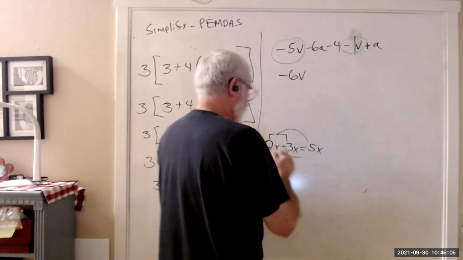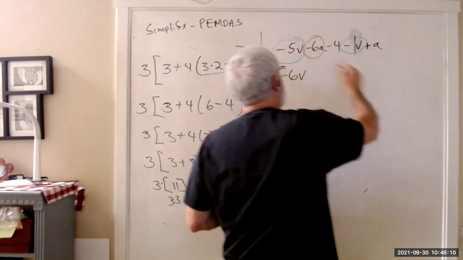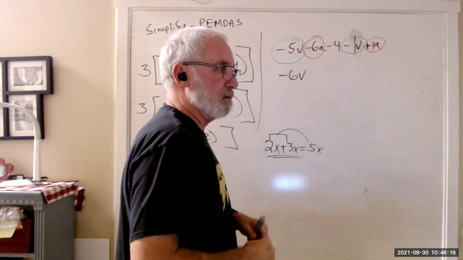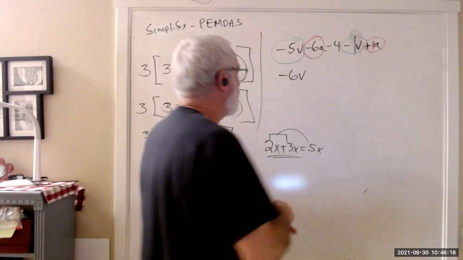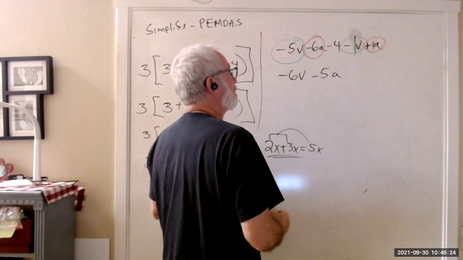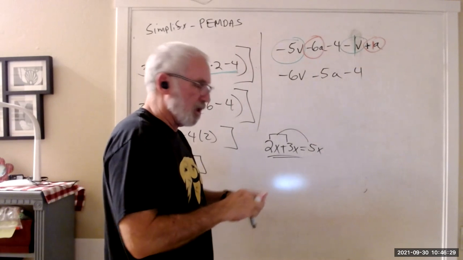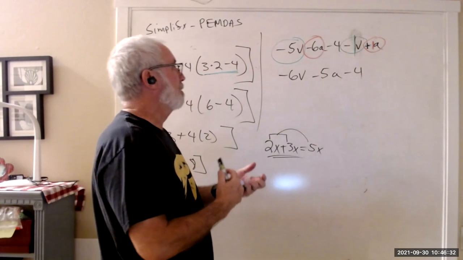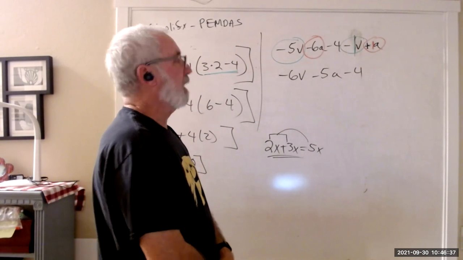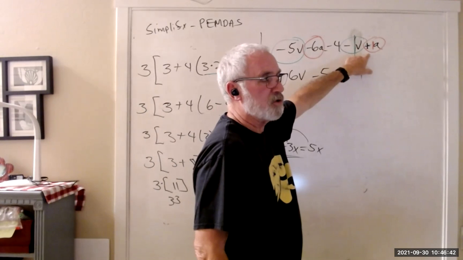Now we look at the other like terms. We have a minus 6a and a plus 1a. So minus 6 plus 1 is minus 5a. And then the minus 4 just didn't combine with anybody, so it just goes along for the ride, and that would be the answer. Okay. Is that okay or not? Yeah, I get it. Okay, it's just adding like terms, and it's got these invisible ones here that you've got to remember to do something with.